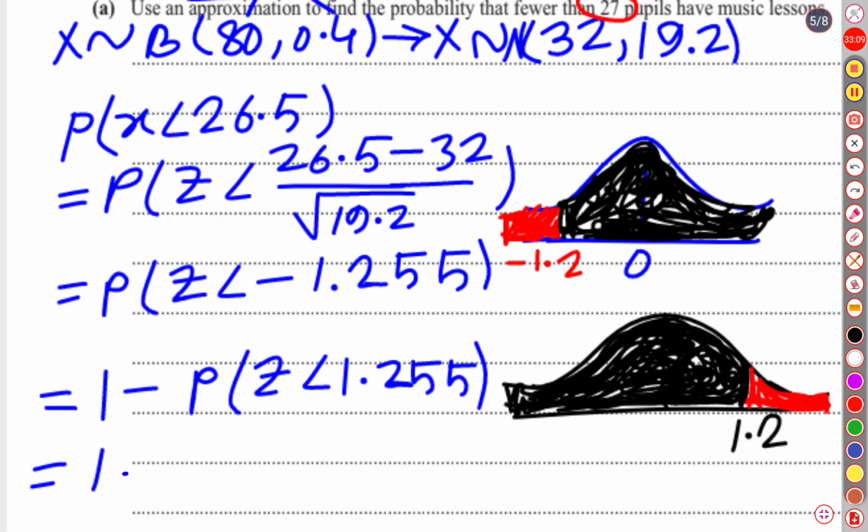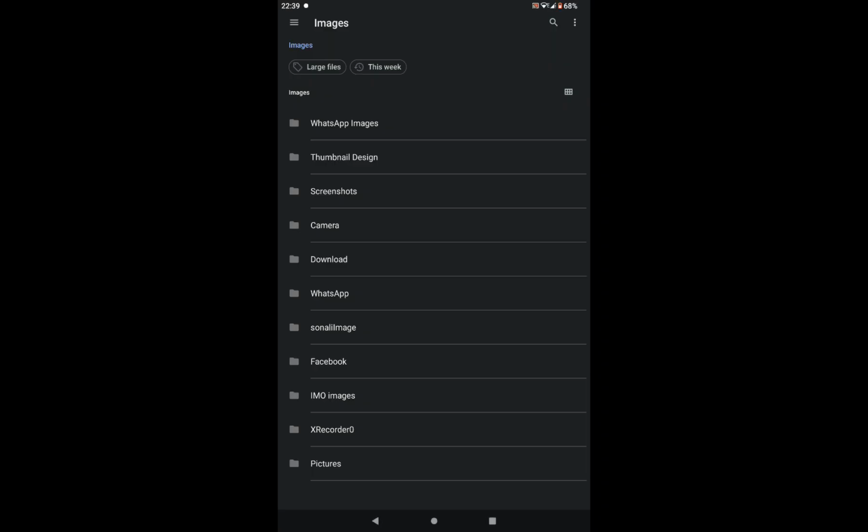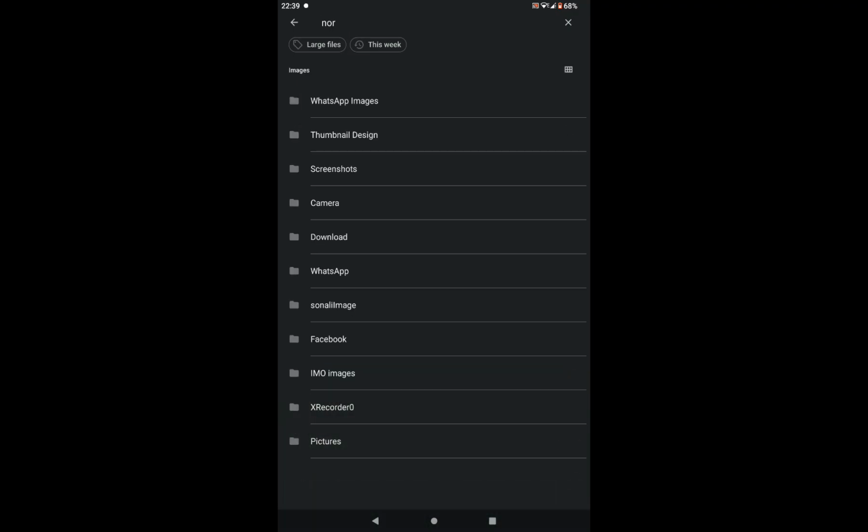Now let's see the probability corresponding to a z-score of 1.255. From the graph I can show you. Let me go to a new page. Yes, here. Then we will find our normal distribution table.